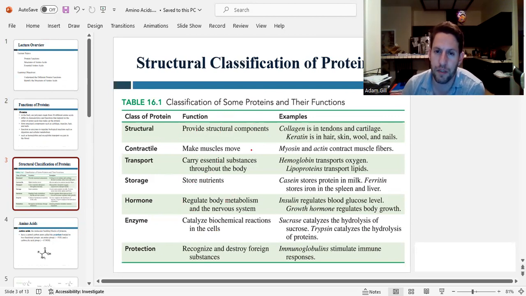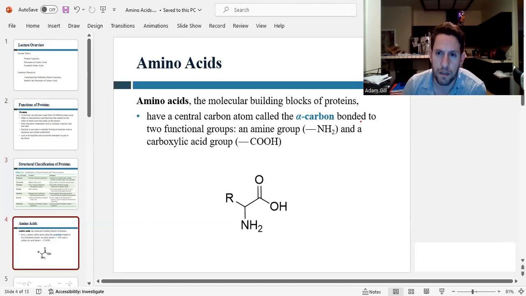And we will talk a little bit more about these as we look at the structure of proteins. But let's take a step back and talk about amino acids. So amino acids are named because of the functional groups that they contain.